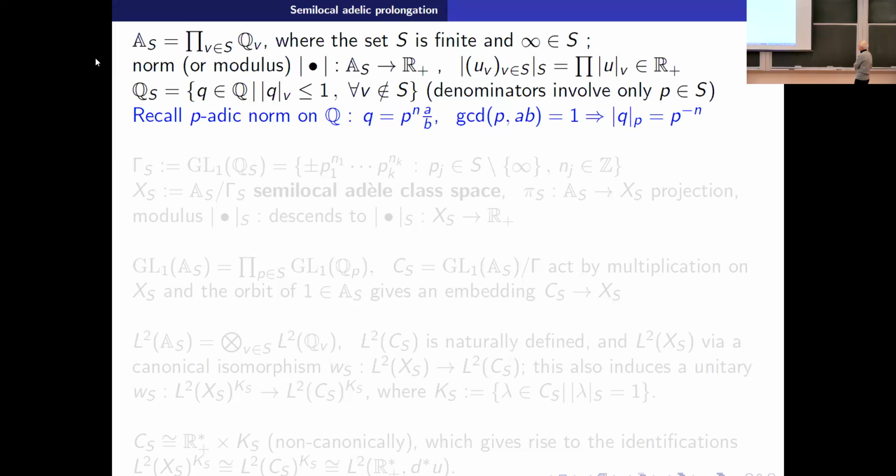Now, Q sub S, I mean, these are the adeles for the global field, which is the field of rational numbers.